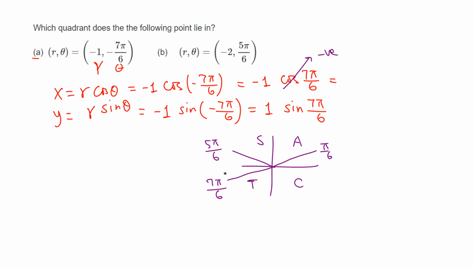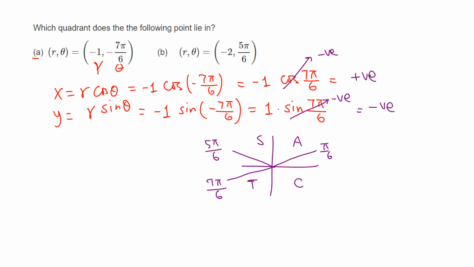I don't need to know the exact value, by the way. All I need to know is that this has a negative value, and so does sine. This is negative and negative, so eventually it's a positive value. This is 1 times a negative value, so negative.